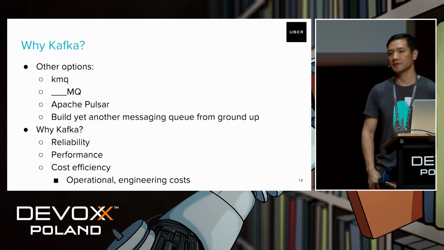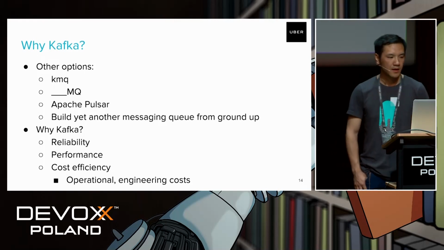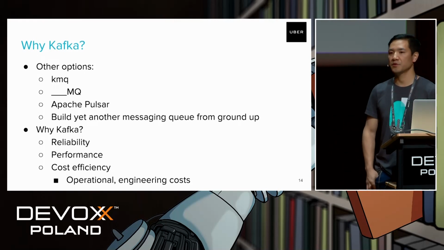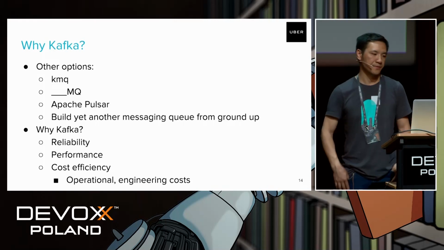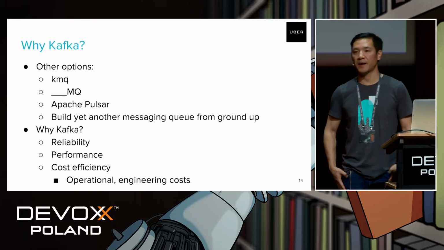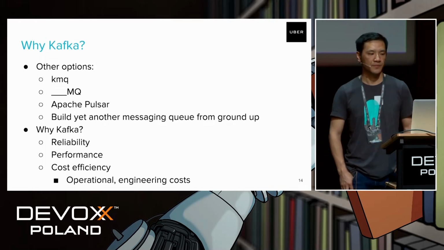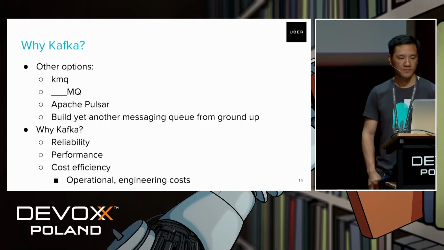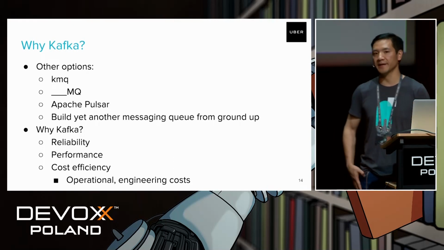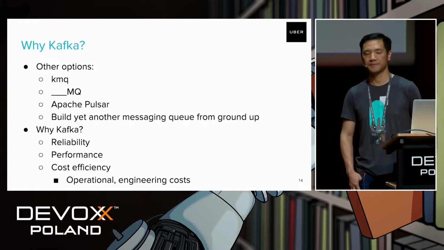It supports nack, out-of-order nack. We can also use RabbitMQ or ActiveMQ, or Apache Pulsar, which natively supports nack on the consumer side. Or the last option is to build yet another messaging queue from the ground up.